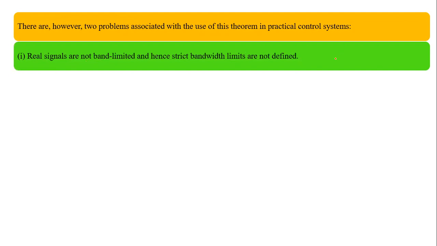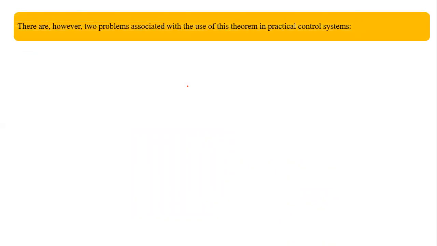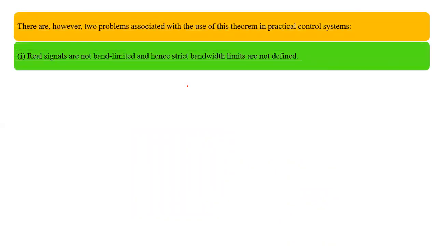The sampling theorem is totally meant for signals which have some bandwidth, because you can see in this equation, omega m is nothing but the bandwidth of the analog signal which is to be sampled. Generally the real-time signals which we capture are not band limited signals. That means they do not have a specific bandwidth, right?